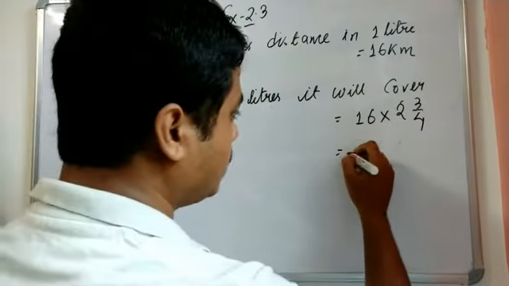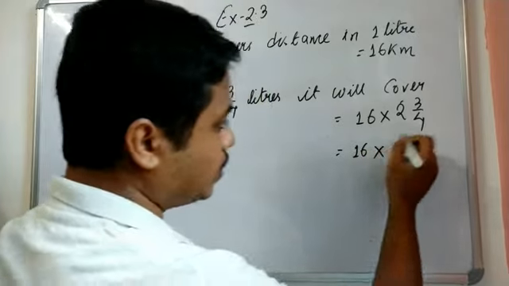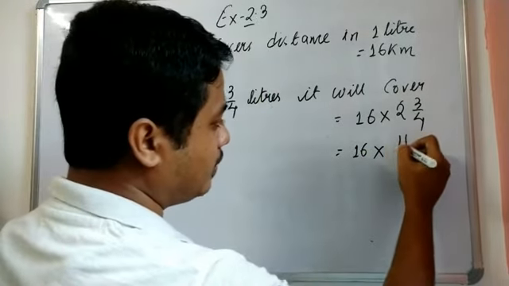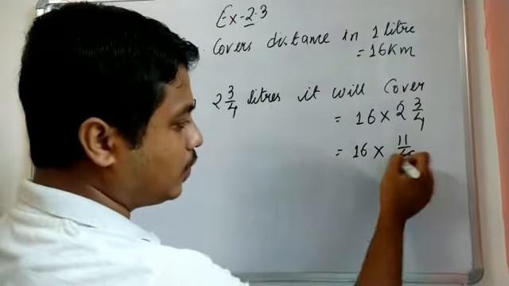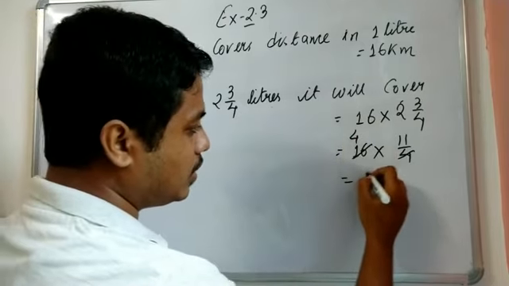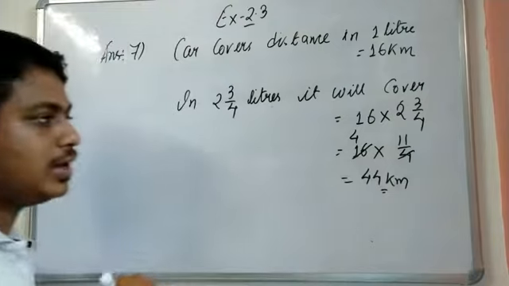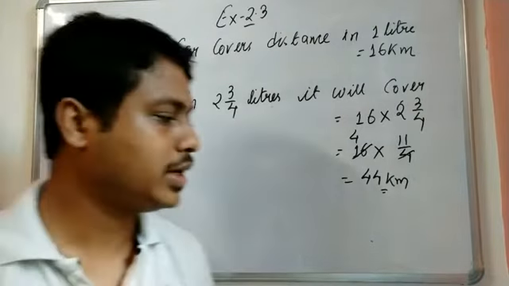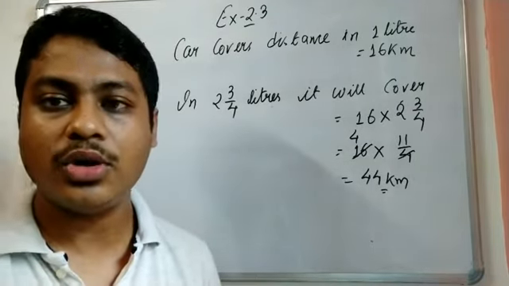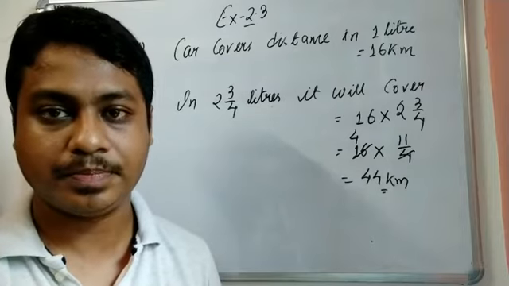First convert this into an improper fraction: 2 4s are 8, 8 plus 3 is 11 by 4. 4 4s are 16, so it will be 44 km. This will be your answer. That means in 2 3 by 4 liters, the car will cover 44 km.